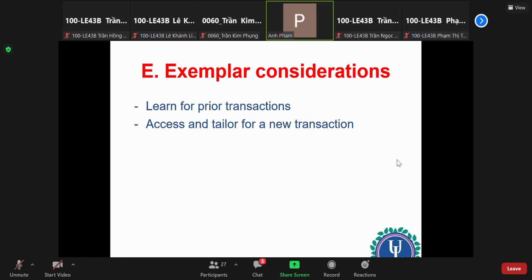We have a transaction like this and like that, do you have any templates? And then I shared with them. So you can see that when we work in a law firm, it's good that we have something to share, or something to learn from previous transactions.